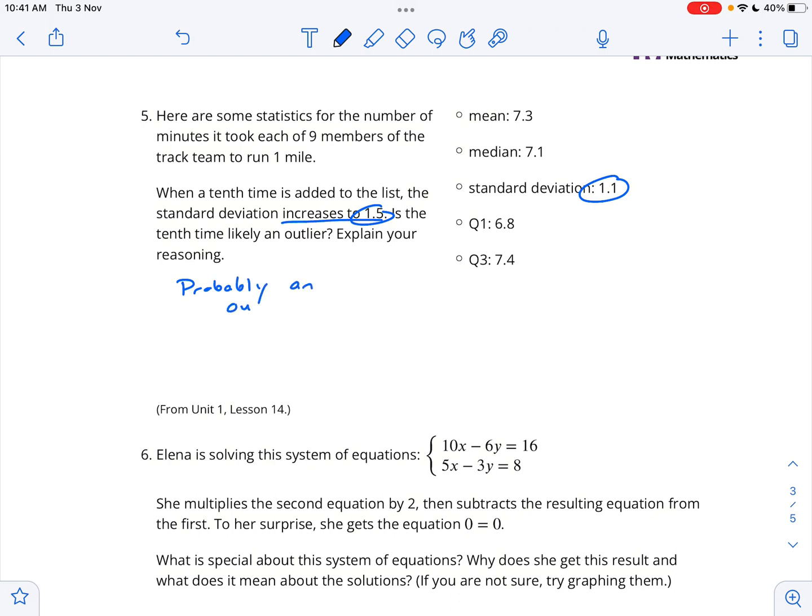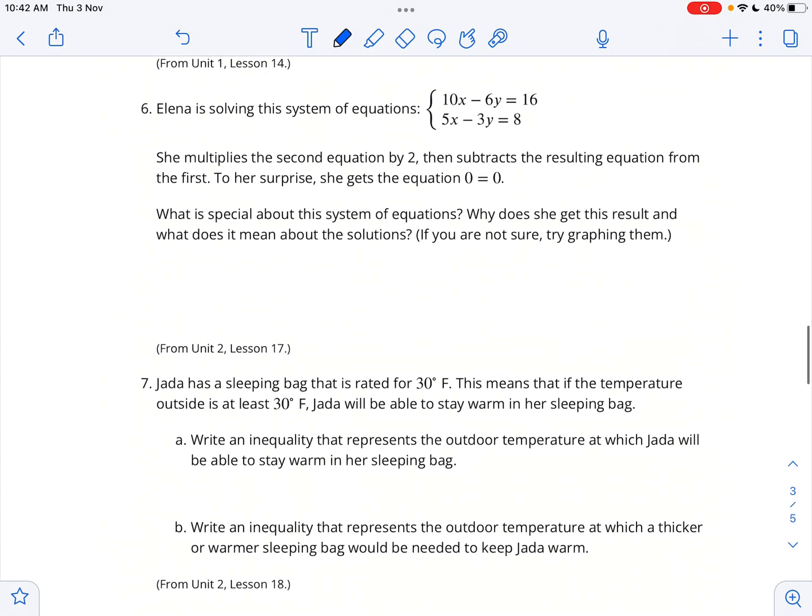I'm not 100% sure without going through and doing that calculation, but because of the increase in the standard deviation by that much, I would say it's probably going to be an outlier. I could go through and try a few values, but I'm just going to leave it at that.